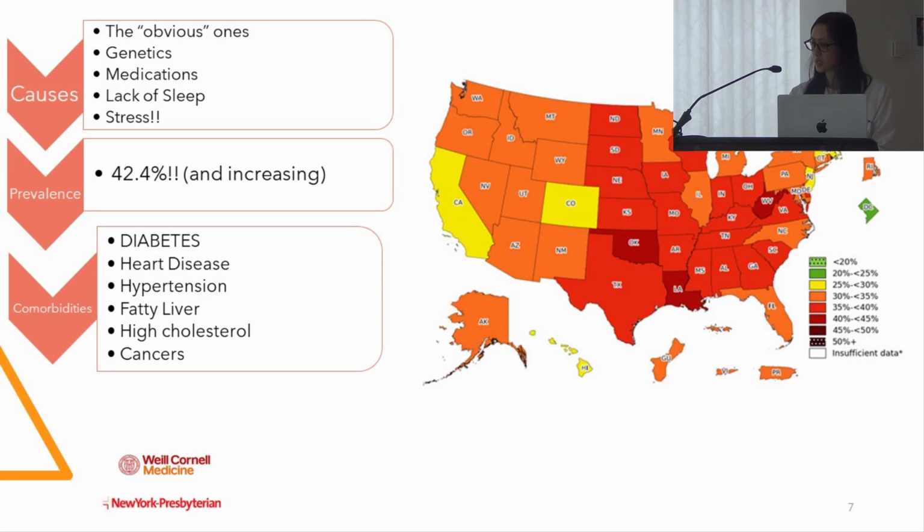The last point on this slide is the comorbidities, or the associated diseases. I've included just a few. Diabetes, one of the most common comorbidities, along with heart disease, high blood pressure, fatty liver, and some cancers. Obesity is a significant risk factor in the development of these health issues.